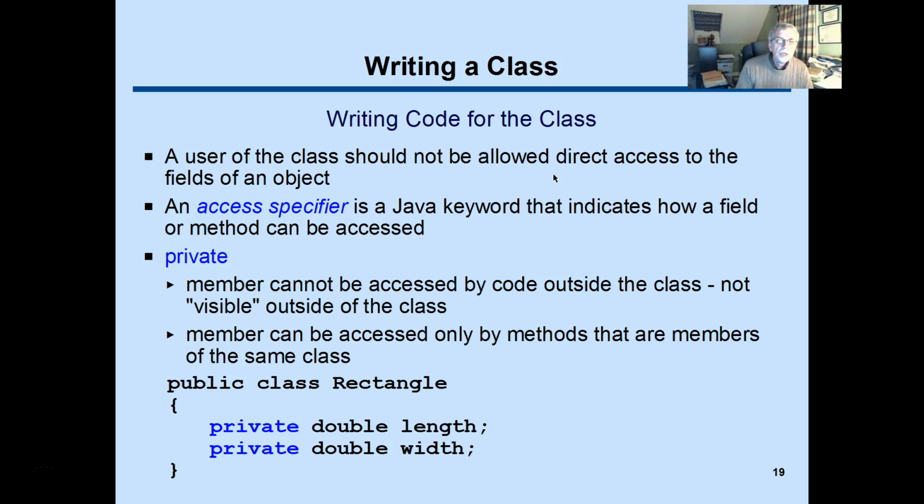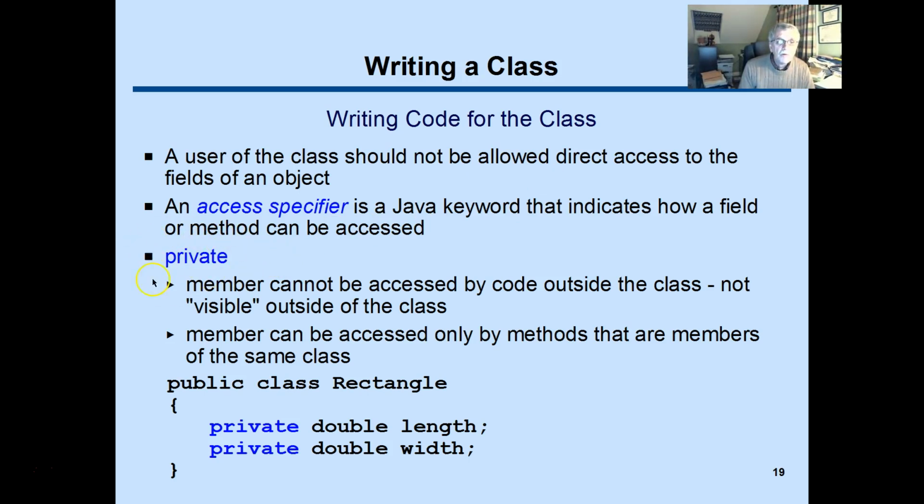We control the access by creating these setters and getters. And it's only through the setters and getters that users of the class and subsequently of the objects that have been instantiated from the class are then permitted to interact with the attributes. They cannot directly touch them. To ensure that the attributes are safe and cannot be directly touched, but must be manipulated or accessed only through the code defined in the setters and getters, we use an access specifier or access modifier called private.